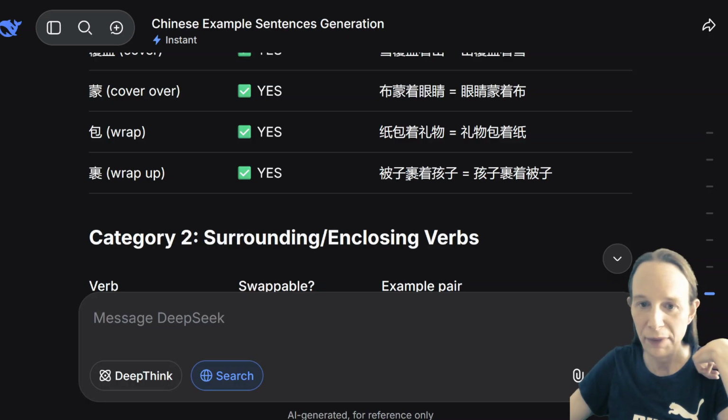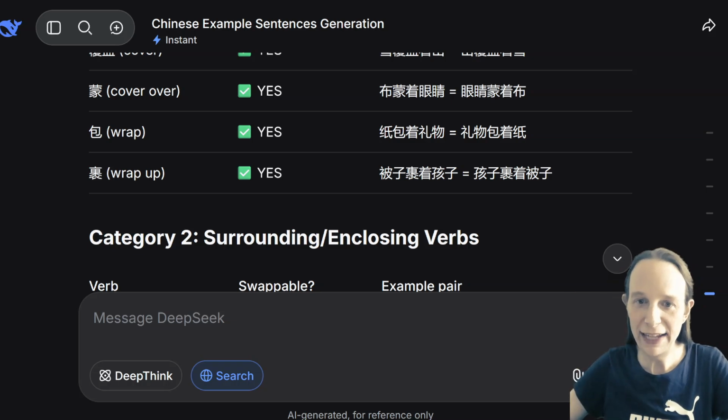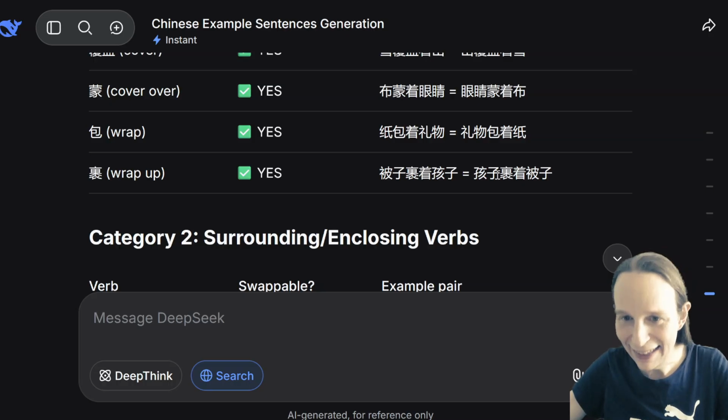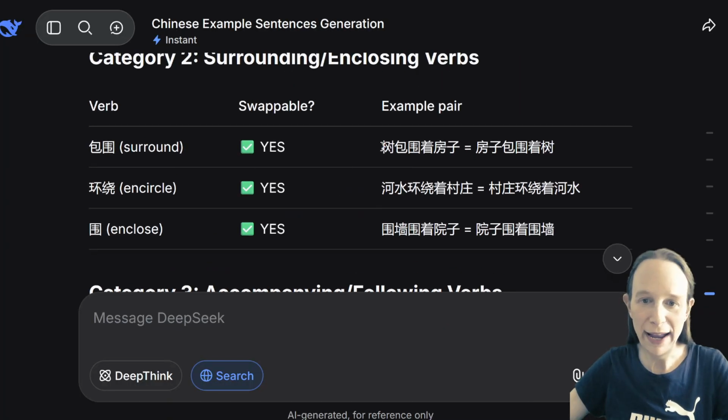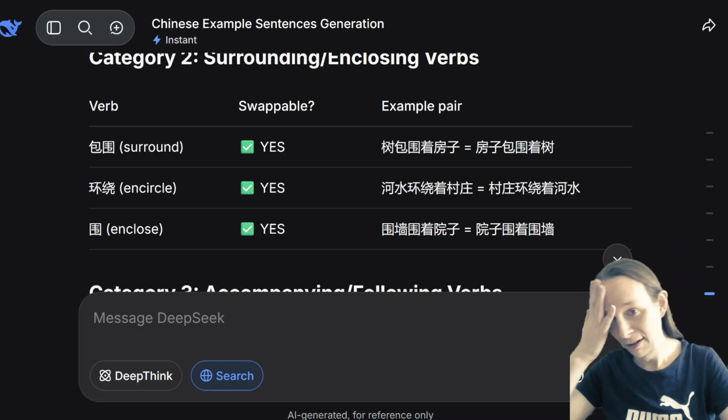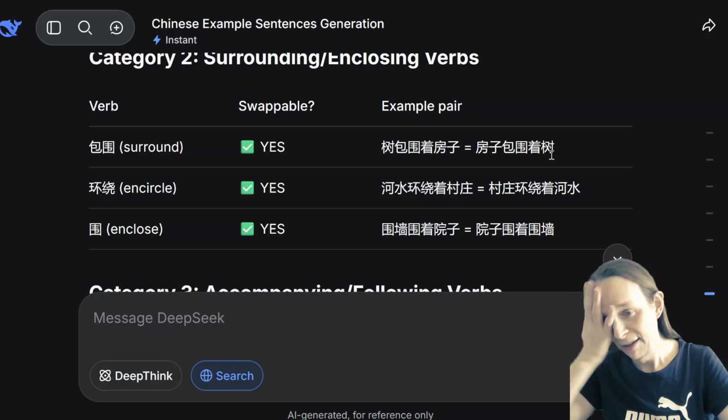裹杯子裹着孩子，孩子裹着杯子，是在被子 fourth tone，被子裹着孩子，孩子裹着被子，包围树包围着房子，房子包围着树。Wow. But they're different meaning, right?